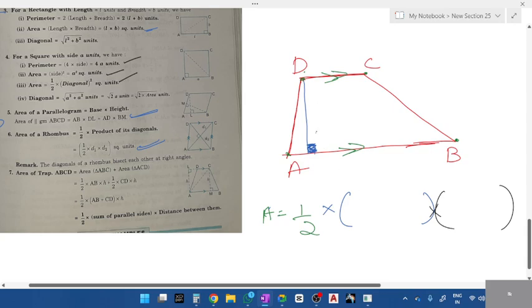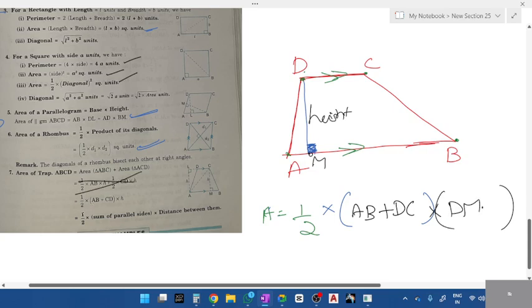What are the parallel sides here? Tell me the two parallel sides, AB and DC. So sum means plus. Sum of parallel sides into distance between them. So distance I'll write as D, or I can take it as height. Distance between them is height. Let me take this line DM. So which line have I represented as the height? DM. That is what they've given here.